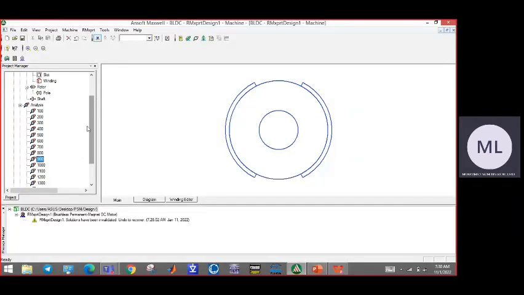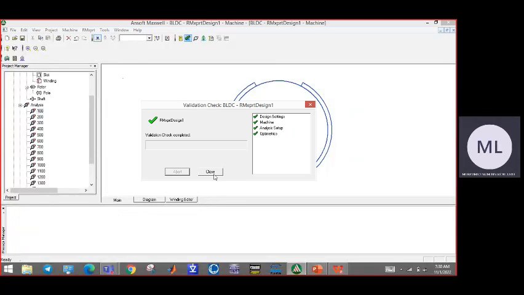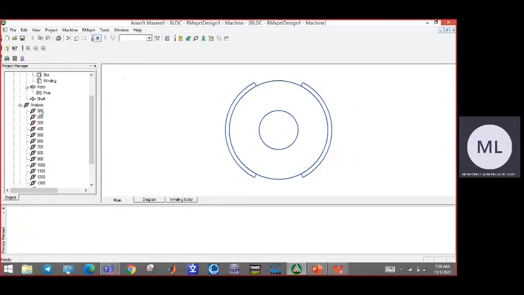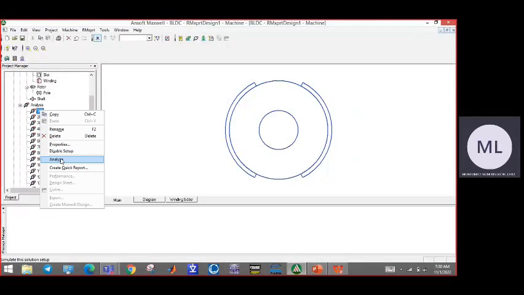Okay, the first one is 100 rpm. We need to simulate and analyze this first.